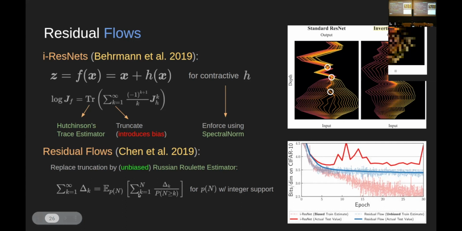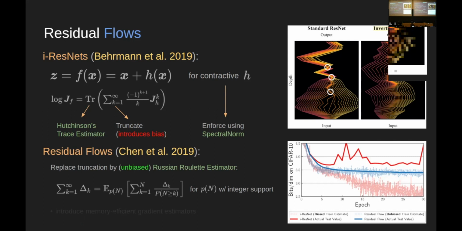And then the sum here only goes up to n. And then you have the terms normalized by this term. So when you Monte Carlo sample from this, it means you will sample a given n and then truncate the sum at that term. So you will stochastically truncate the sum. And if you do this, you will get an unbiased estimate. And I think in the paper they used a geometric distribution for this P_n.